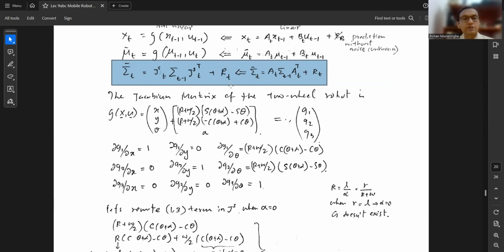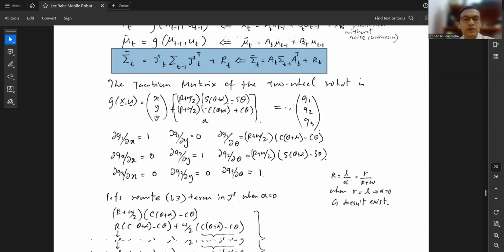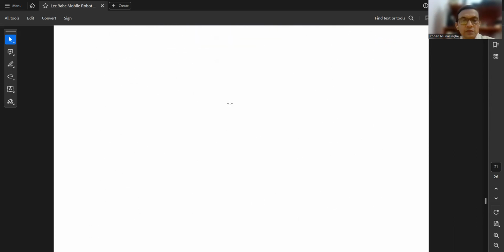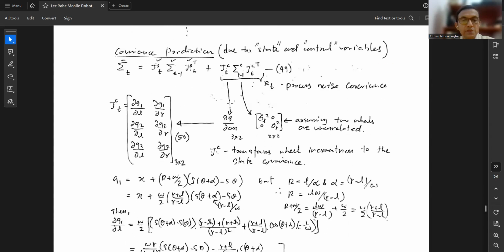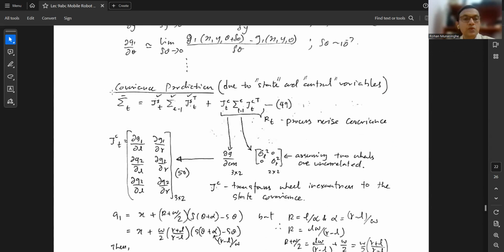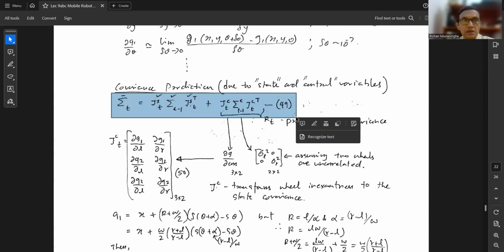Error comes because of the controls also. There are two wheels that are driving the robot. The errors in the wheels contribute to the prediction covariance, of course. So that part is inside this RT. This is the equation that we use to calculate the covariance of the prediction, the corrected covariance.